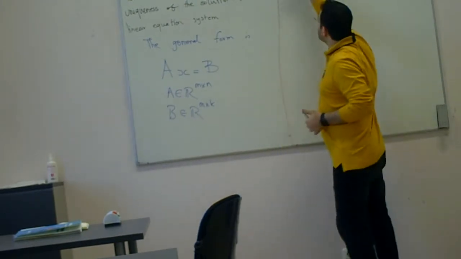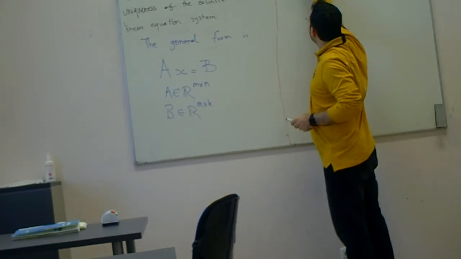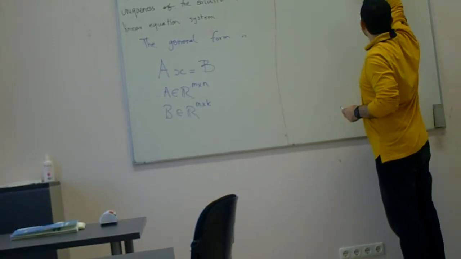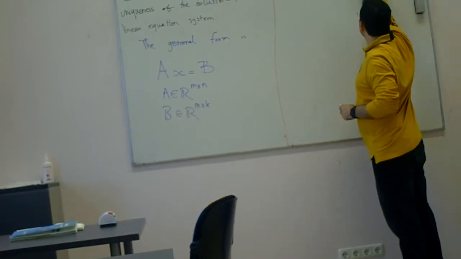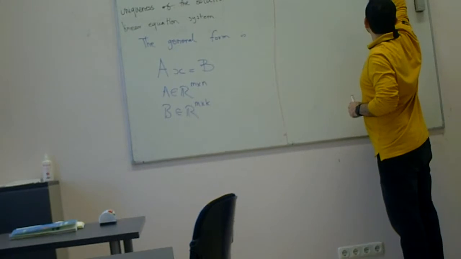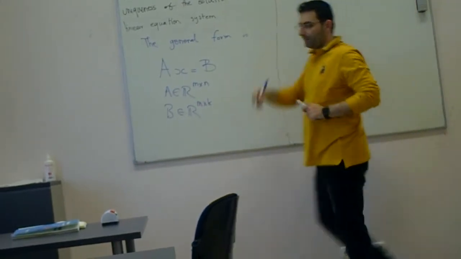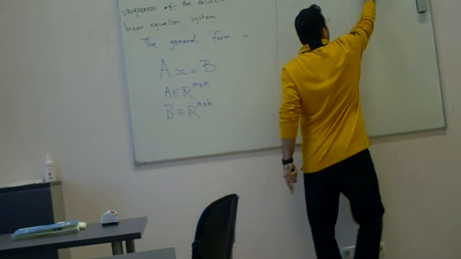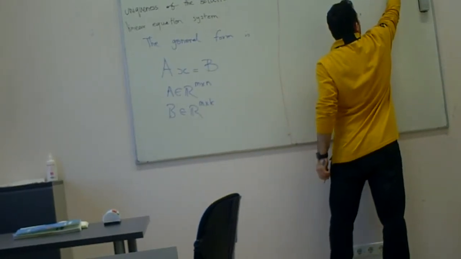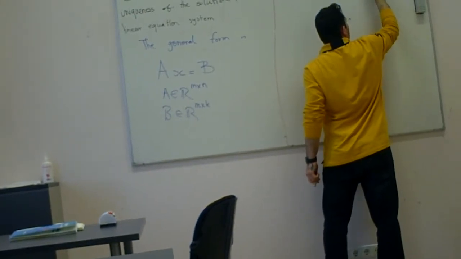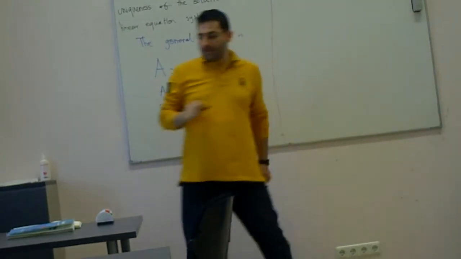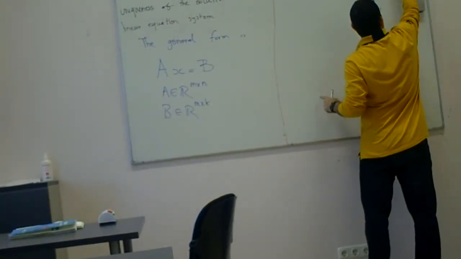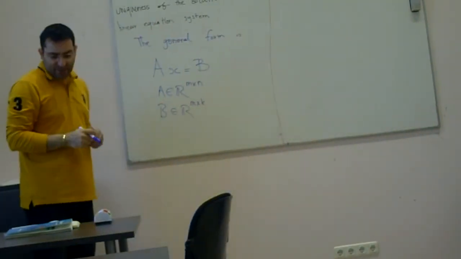And it says, consider the following linear equation system where B is not a matrix but is a column vector. Now, there are 6 terms that we have to write.